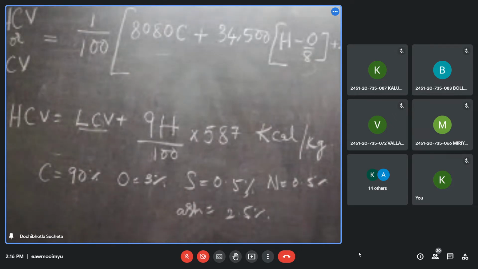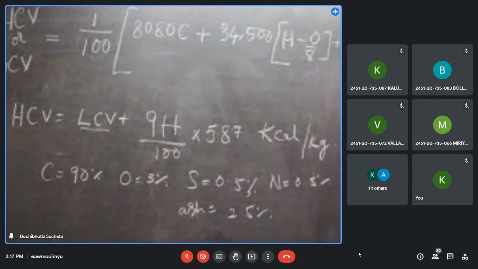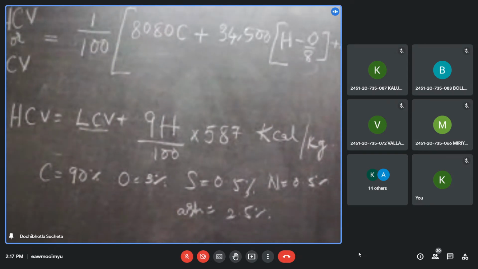And the air that is required is given by 100/23 into [32/12 into C plus 8 into (H minus O/8) plus S]. This is the formula that is used to calculate the amount of air required in kgs or grams by weight. So these are the formulae I am using. Now we'll start doing our numericals.